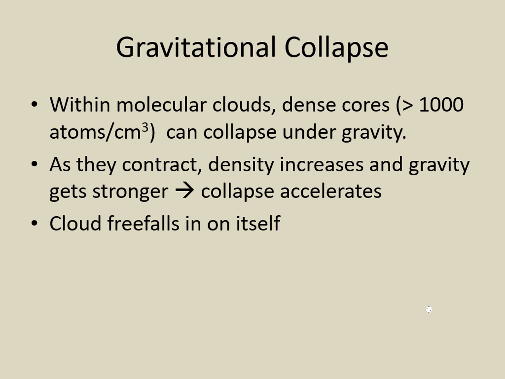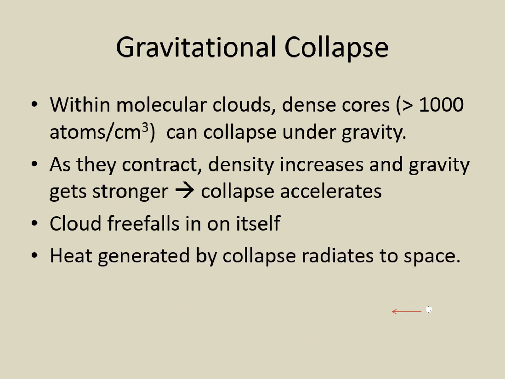As we said a few slides ago, any falling body converts gravitational energy into kinetic and thermal energy. So as the cloud core contracts, it heats up. However, at first, most of the heat this generates is radiated out into space, so the core can't get hot enough to build up a lot of pressure to fight gravity.